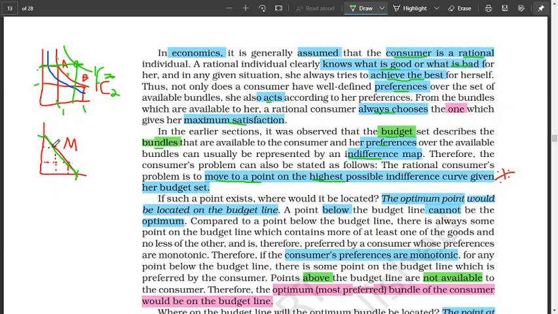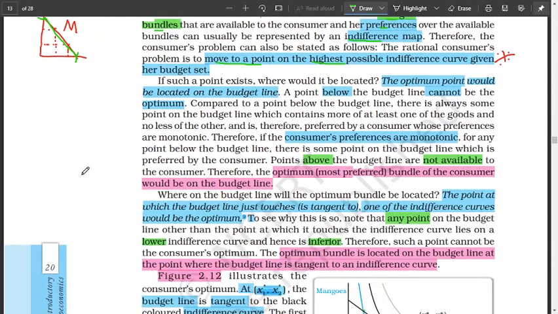So we have to make use of these two: the income that limits his power of buying, and his indifference curve. Where does this curve touch the budget set that will give him the maximum satisfaction? So let's go back and say that the optimum point would be located on the budget line. He would always buy on the budget line because that is possible for him.